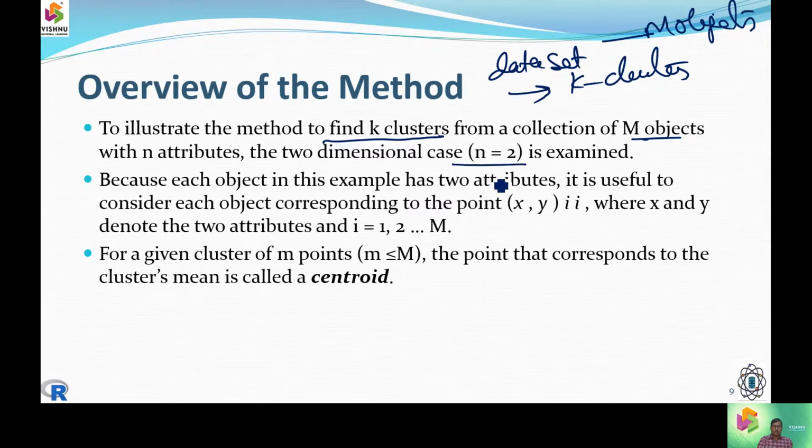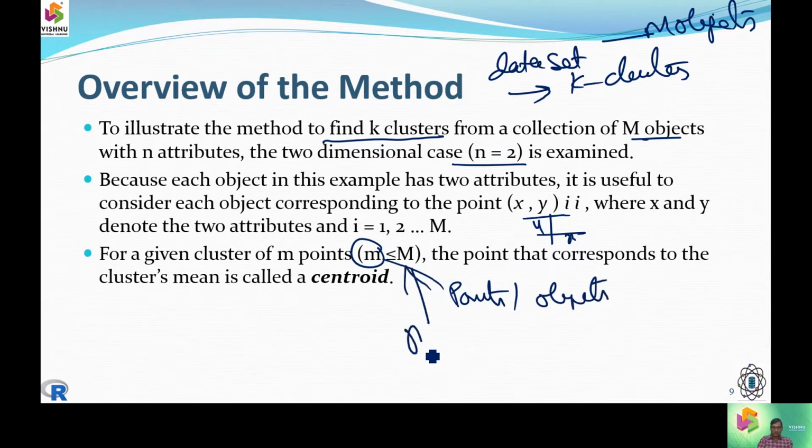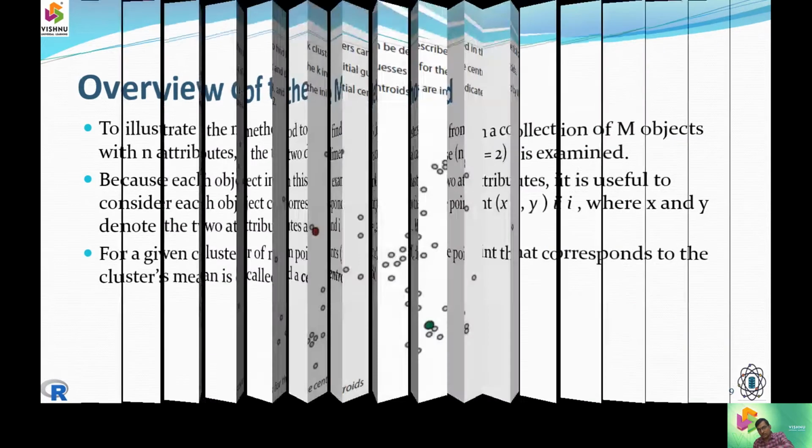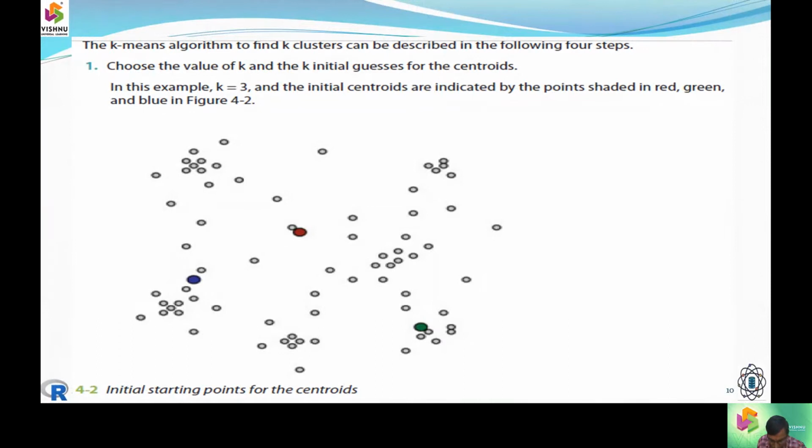It can be explained with a two-dimensional attribute, so I'm going to draw it on a graph with y-axis and x-axis and see how these two attributes are intermingled with one another. Lowercase m is the points, or objects, and uppercase M we call a centroid. How are we going to calculate it? We have a distance metric called the Euclidean distance, and we find the Euclidean distance and find the similarity of the items.